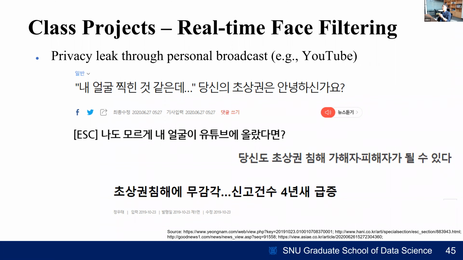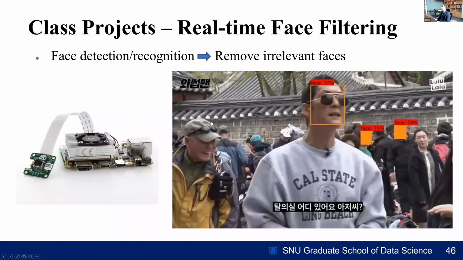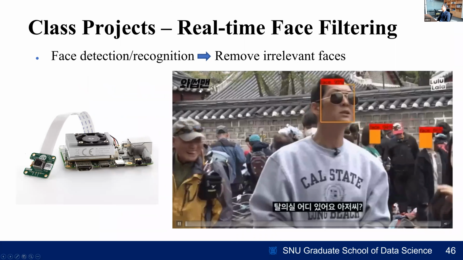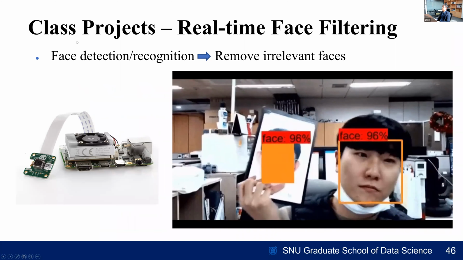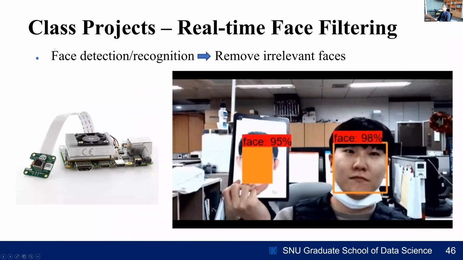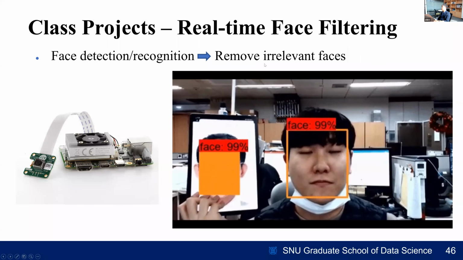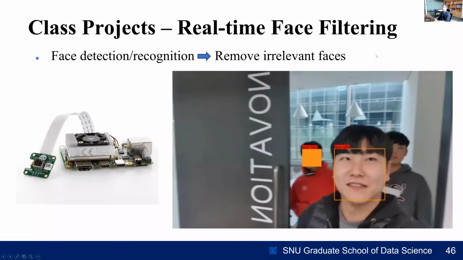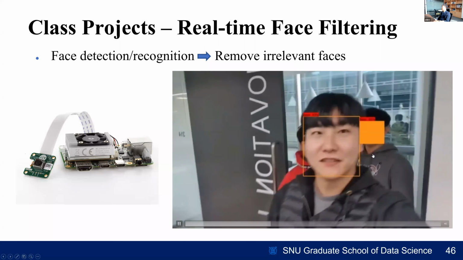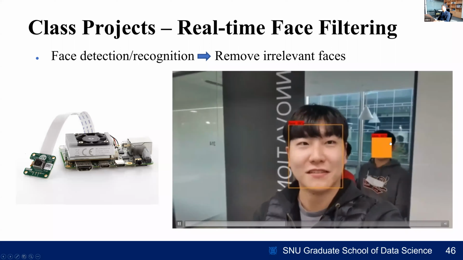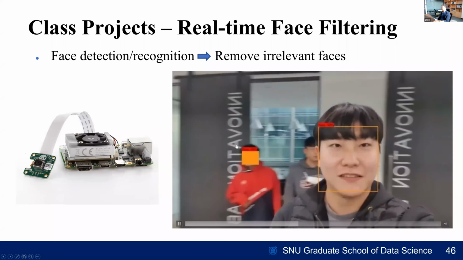They don't want to expose their privacy just by passing the camera, right? So based on an edge device, the app detects all the faces, recognizes them, and removes all the irrelevant faces. That's the goal. So these guys are main and other faces should be filtered out.